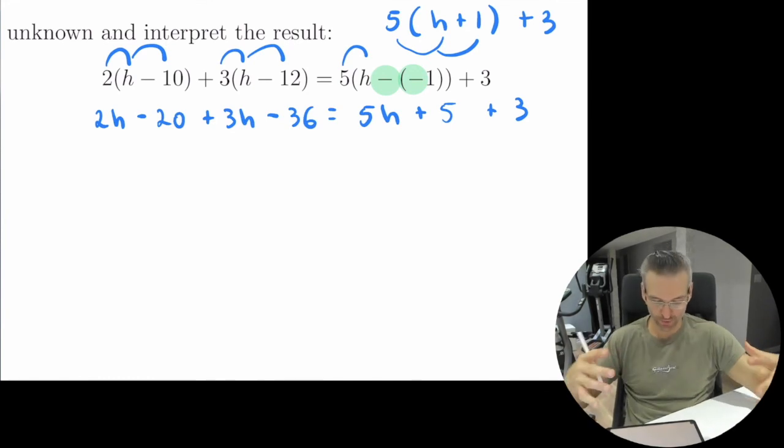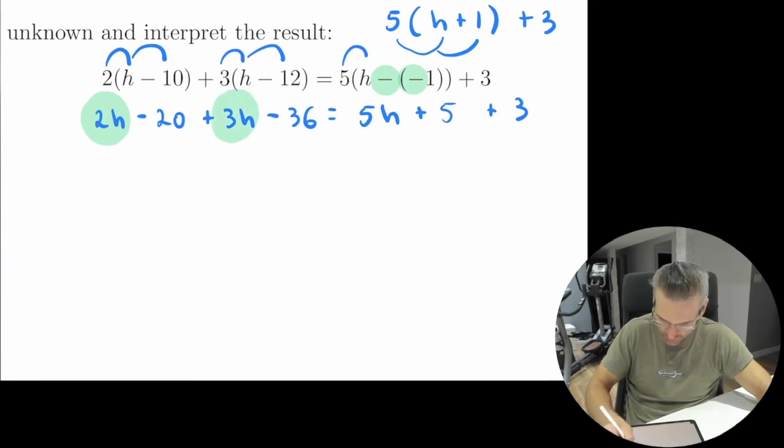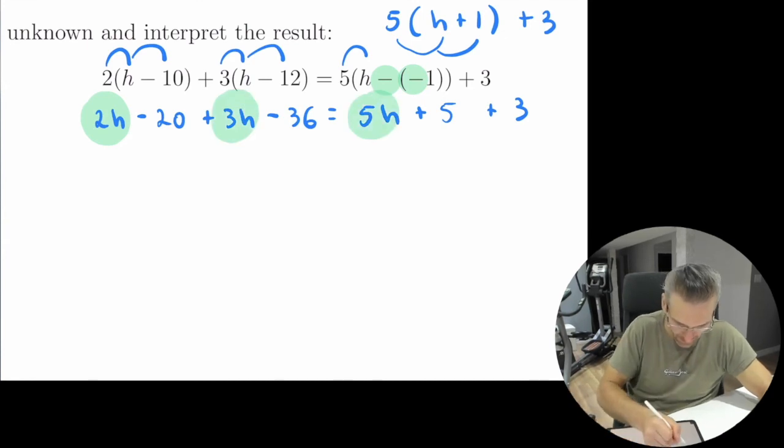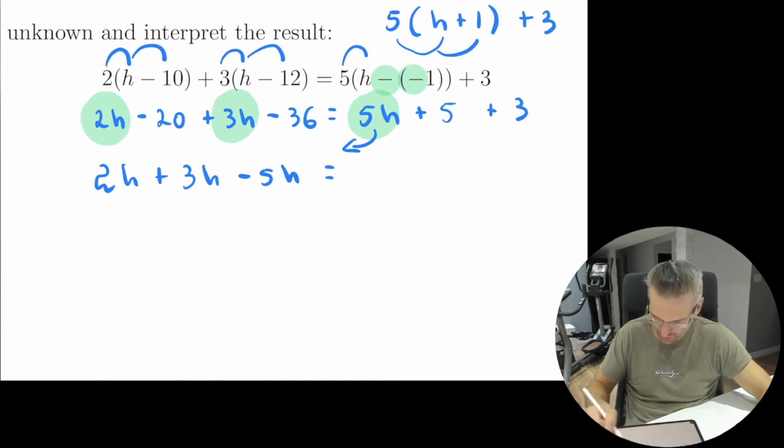Now let's group all of them together. So that's going to be 1, 2, and 3. So 2h plus 3h, let's bring this over, minus 5h equals 5 plus 3.